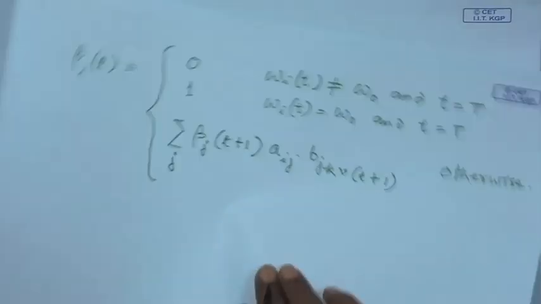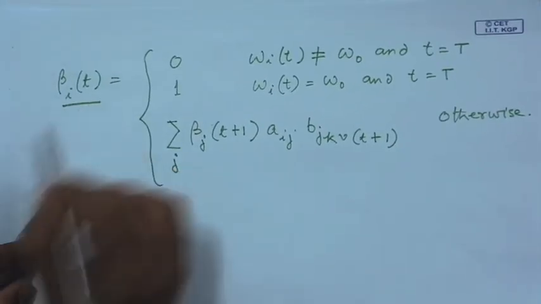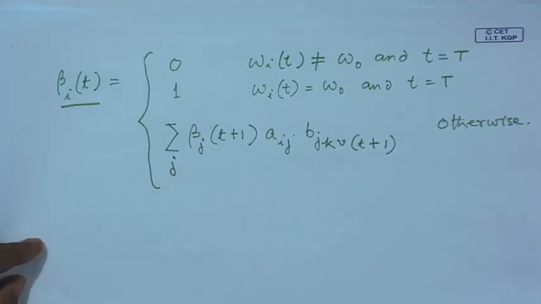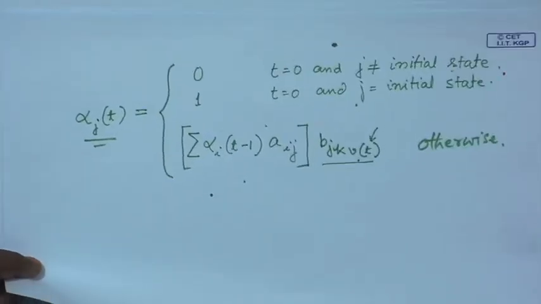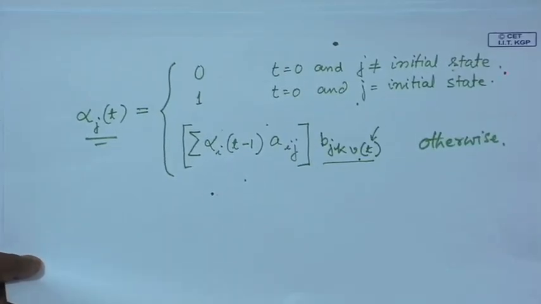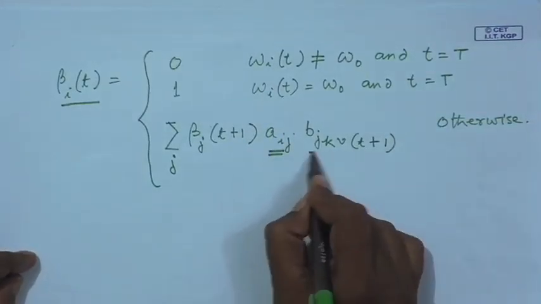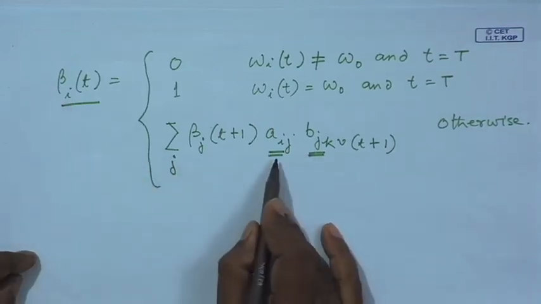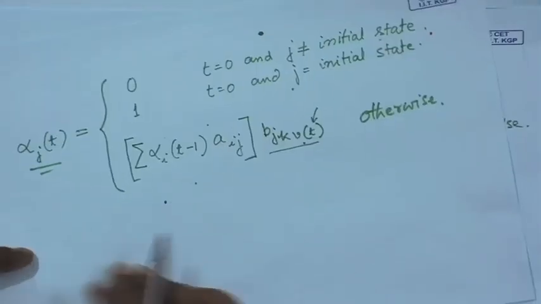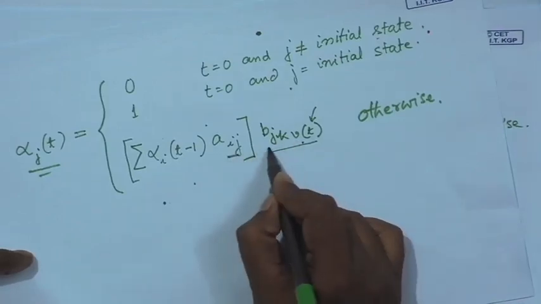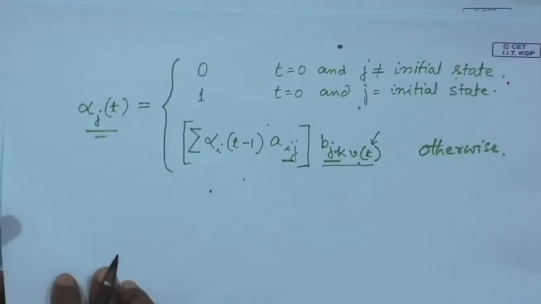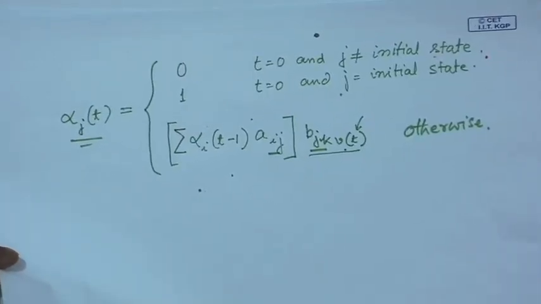Now, find that whether this beta i t, which is obtained by the backward algorithm, or this alpha j t, which is obtained by the forward algorithm, both of them use a i j and b j k. So, beta i t uses a i j and b j k, alpha j t also uses a i j and b j k. But the problem is, it is this a i j and b j k that we are going to estimate, that is what is the learning of the hidden Markov model.